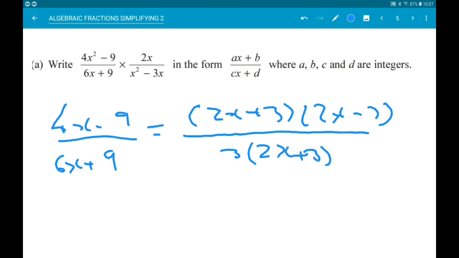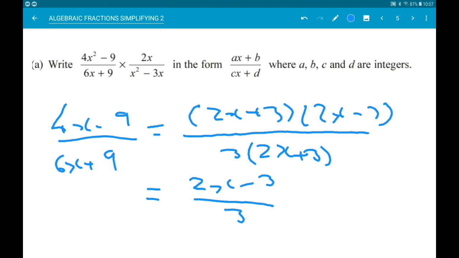So we now have a common factor of (2x + 3). So this just becomes (2x - 3) over 3.